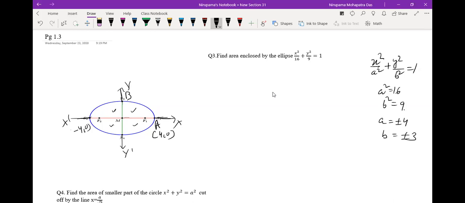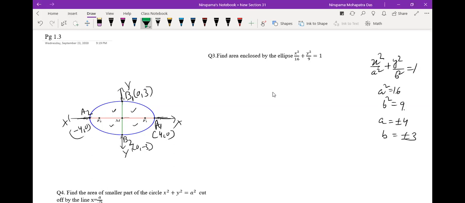And here 0, 3, which is B1, and here B2, 0, minus 3. Okay, so now step 1 is done, drawing the rough sketch. Then next, shading the region.